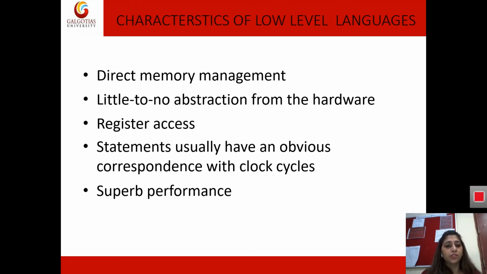Then we have register access, because it is very close to what physically happens in a computer. So it has direct access to the registers, and the statements usually have an obvious correspondence to the clock cycle, because it gives super performance.